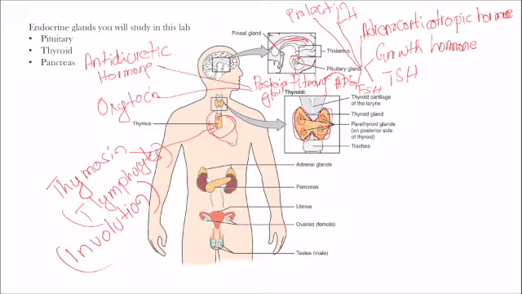Then this one is the adrenal gland, a pair above the kidneys. They produce cortisol, aldosterone, and androgen.